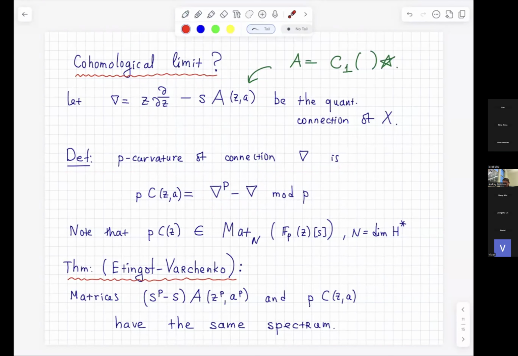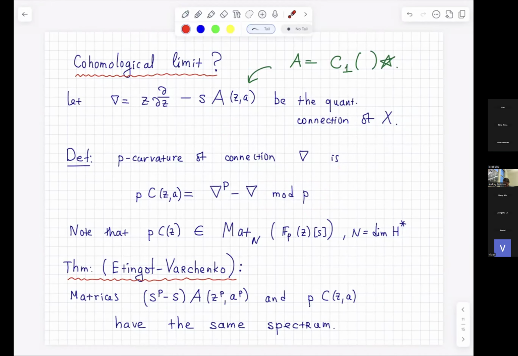Again, when I do this, I assume that all parameters, for example, if I study my connection equivariantly, it may depend on a bunch of equivariant parameters, which I denote a here. And I assume that all those are specialized to some rational values. So in particular, I assume that they are all p-adic integers. So this reduction mod p makes sense.